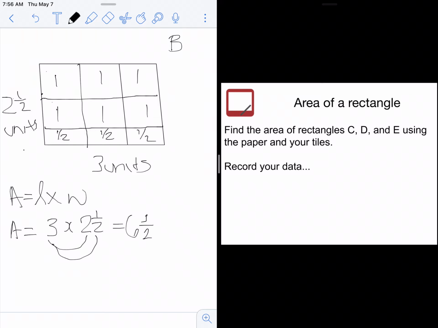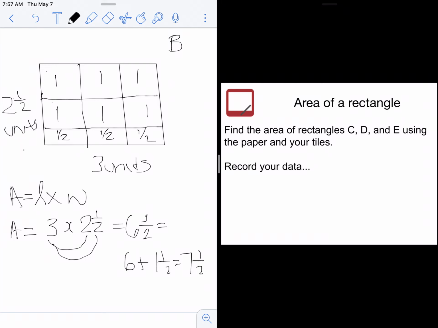So 6 and 3/2, which is an improper fraction. So we're going to turn that into a mixed number. 3/2 is the same as 1 and 1/2, so 6 plus 1 and 1/2 gives us 7 and 1/2.